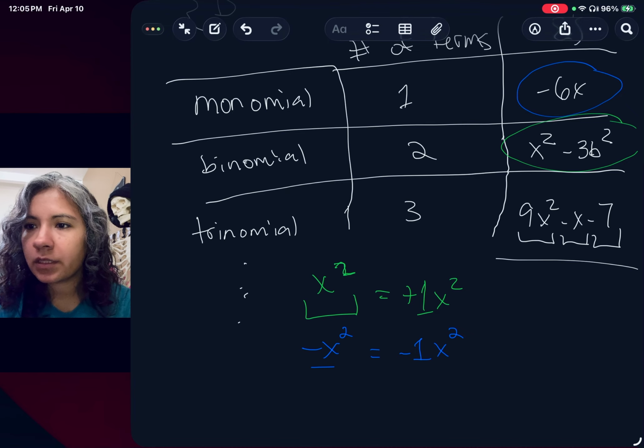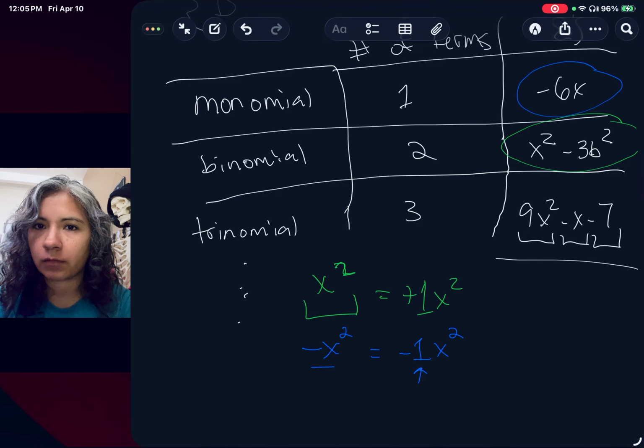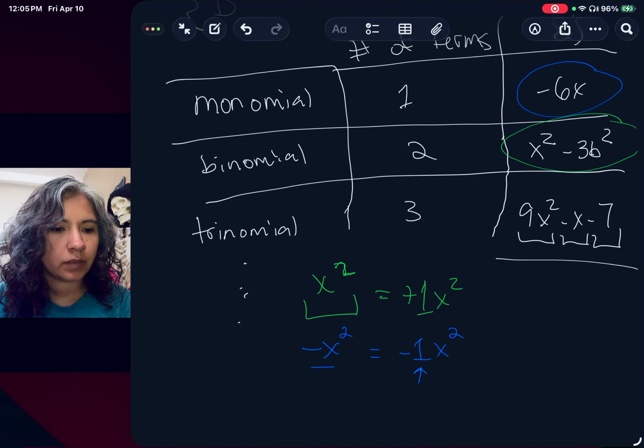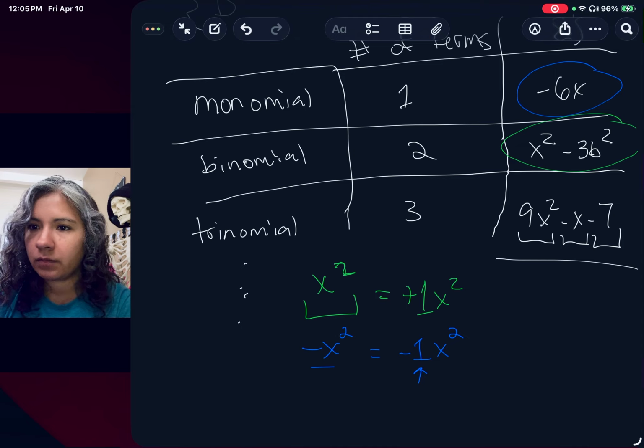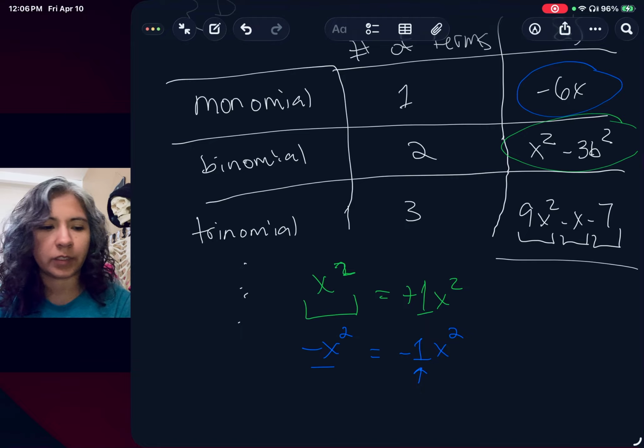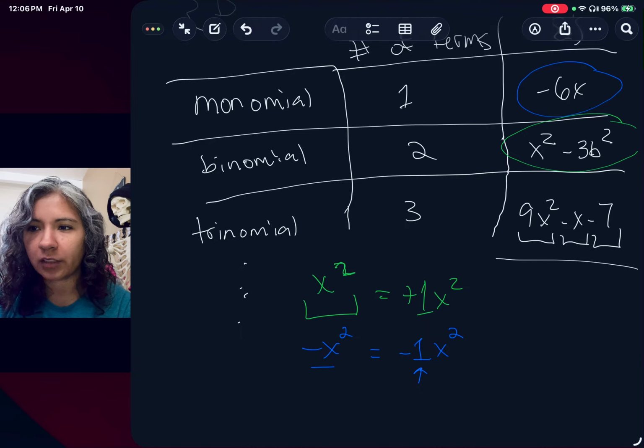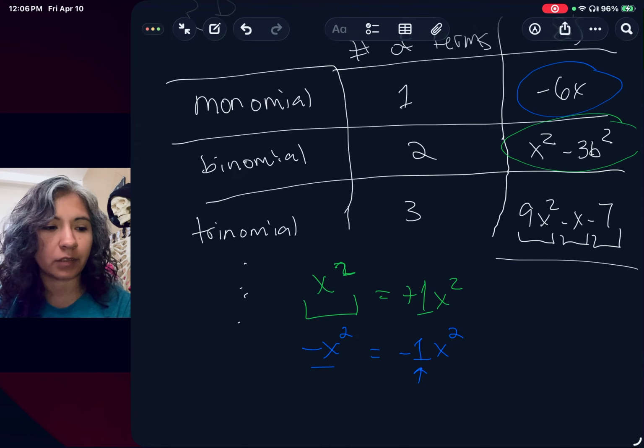So sometimes these numbers aren't written out, even though the sign is there. That's why I'm calling it Super Secret Ninja 1, because that number isn't always written out.